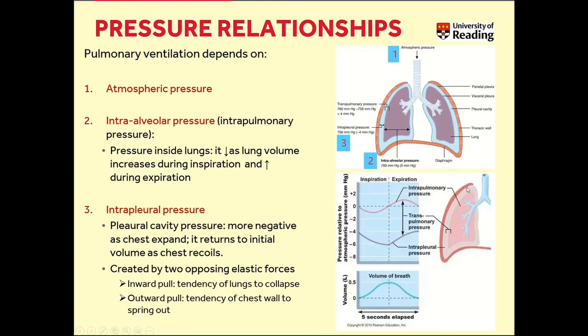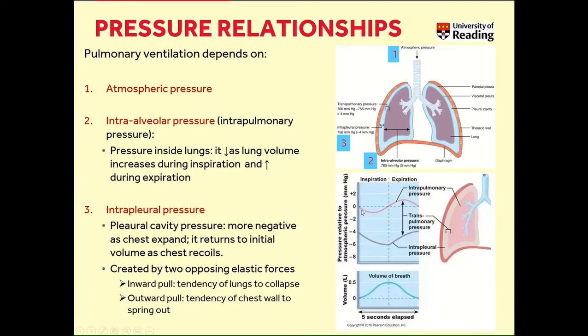And in this cartoon here is a representation of how the intrapleural pressure and the transpulmonary pressure will change during the inspiration and expiration process compared to the atmospheric pressure.